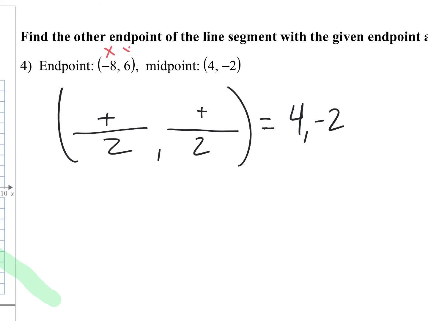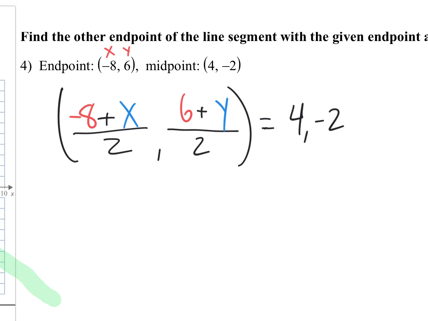We've got an x value and we've got a y value, but we don't have the other x value or the other y value. So we're going to label this -8, and we're going to label this 6. And we don't have that other x value, so we're going to call it simply x. You could do x2, but x works as well. Likewise for y. And we're going to need to isolate those variables to, again, figure out the other endpoint of this line segment. So let's go ahead and do that.